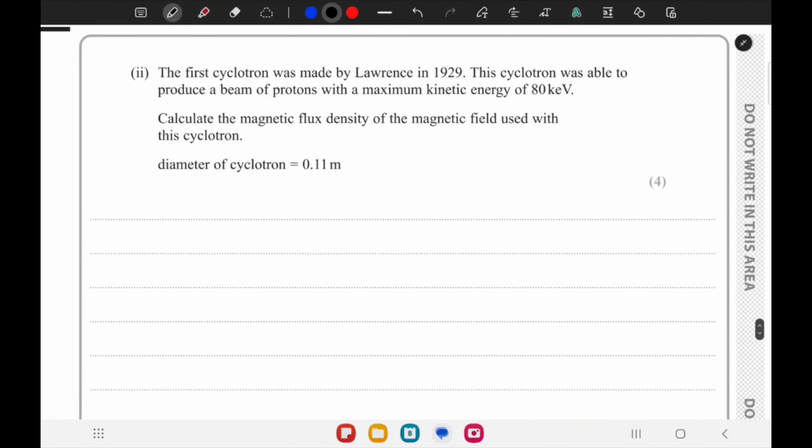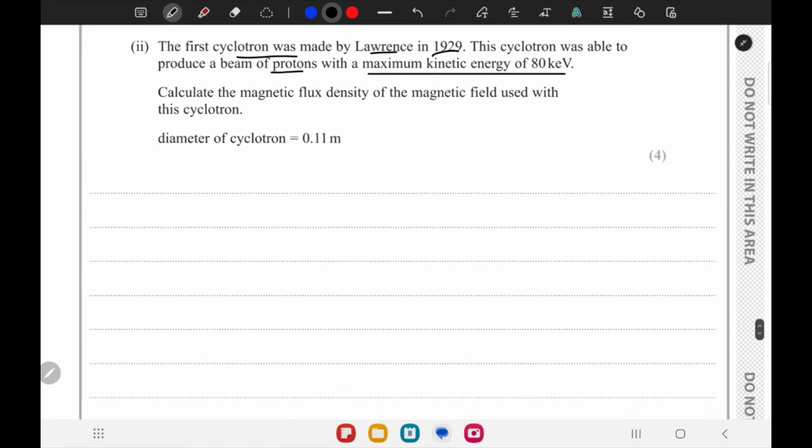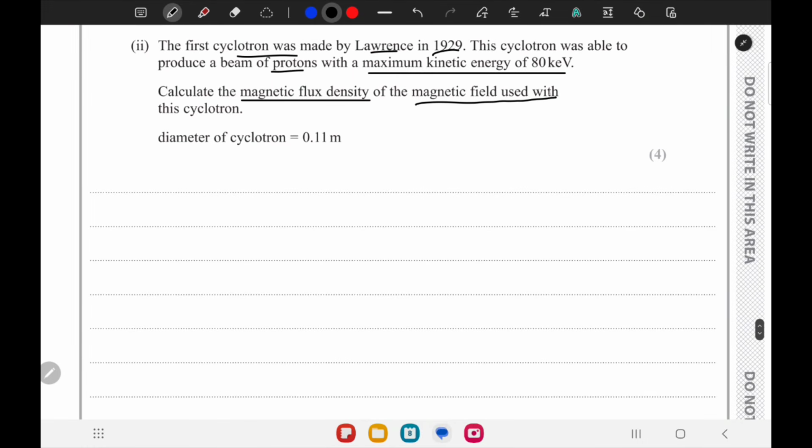Now moving to part B2, we are given that the first cyclotron made by Lawrence in 1929 produced a beam of protons with a maximum kinetic energy of 80 kiloelectron volt. We have to calculate the magnetic flux density of the magnetic field used in this cyclotron, given that its diameter was 0.11 m.